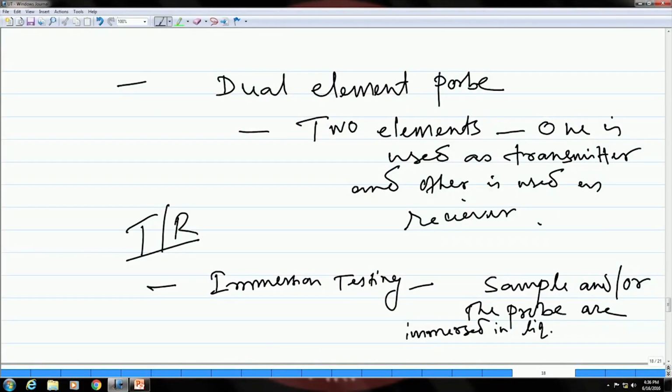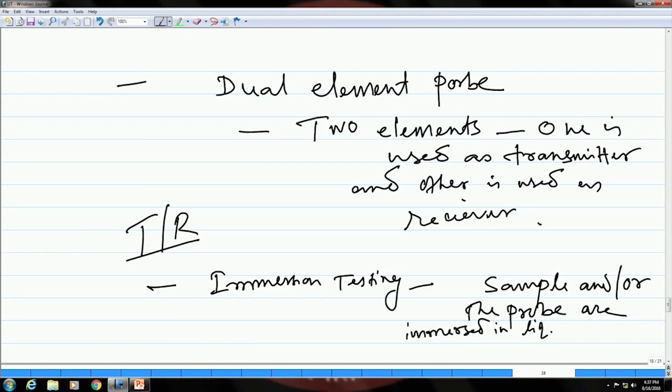The last method that we talked about was immersion testing, wherein you can immerse the probe and or the sample both in a liquid, and since the velocity in a liquid like water is much lower, that will again delay the echoes and provide enough time for these fluctuations to come down, and by the time the echo reaches the probe, it will be ready to receive them.